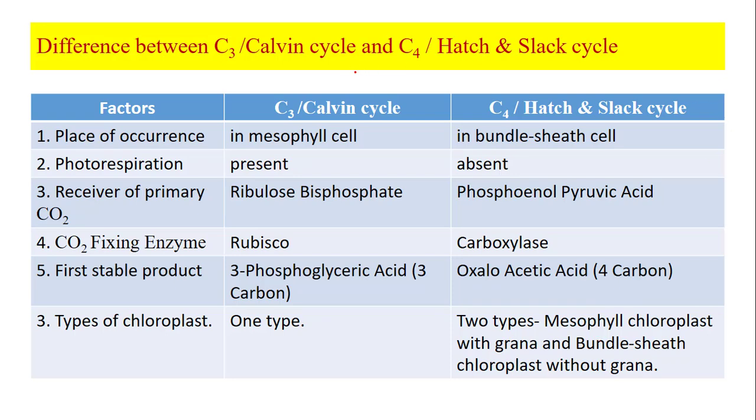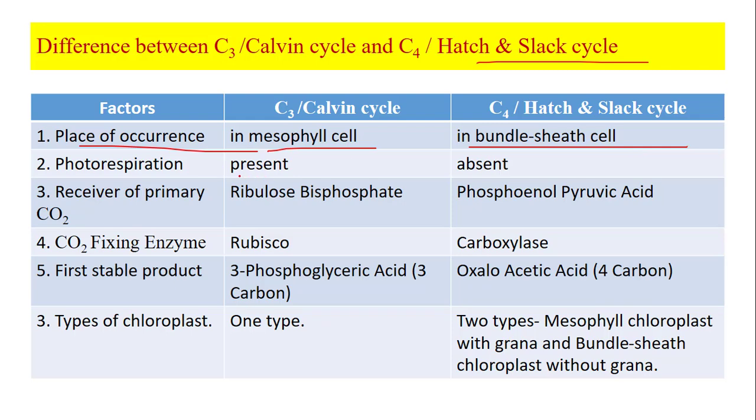Difference between C3 or Calvin cycle and C4 or Hatch-Slack cycle. Factors. One factor is place of occurrence. C3 occurs in mesophyll cell, whereas Hatch-Slack cycle occurs in bundle sheath cell.